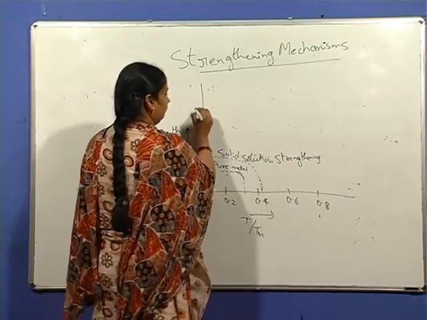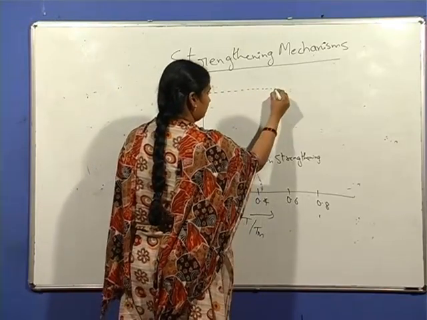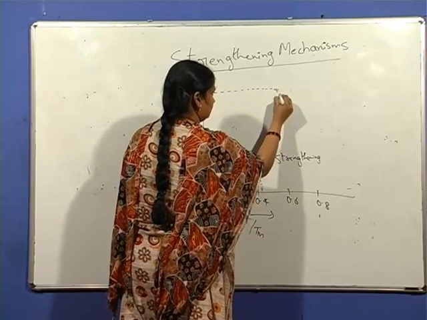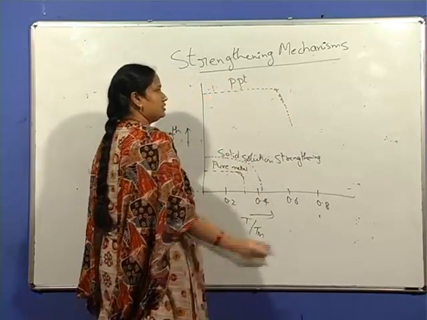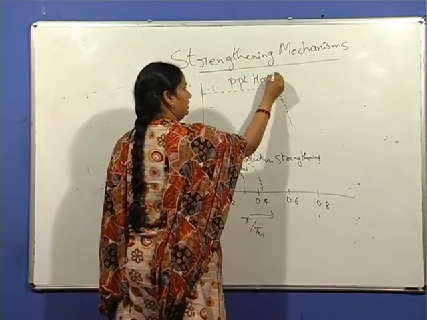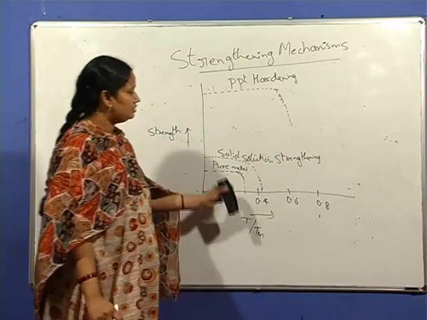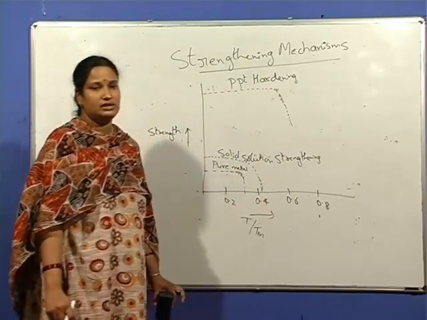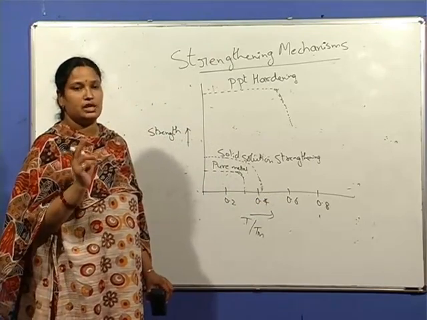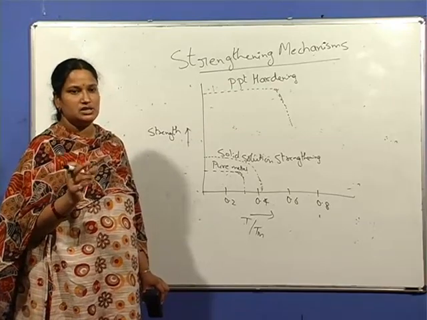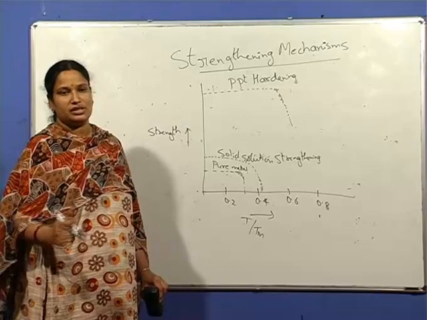Next we have precipitation strengthening or precipitation hardening, which has higher strength, but the strength drops down at greater than about 0.6 of the homologous temperature because of the coarsening of the precipitate. As the precipitates coarsen at higher temperatures, they lose their coherency, thereby the strength comes down.